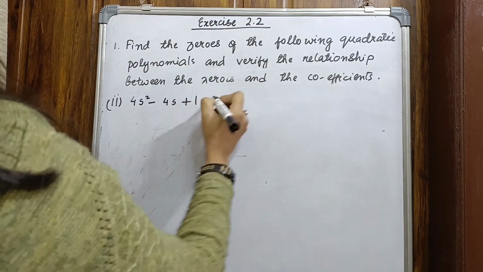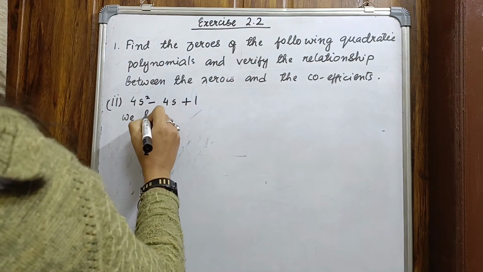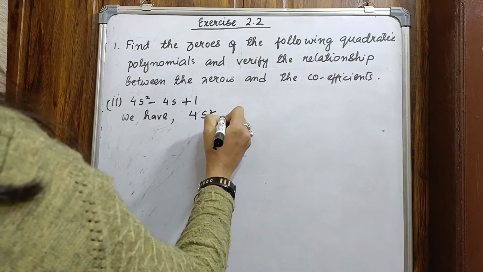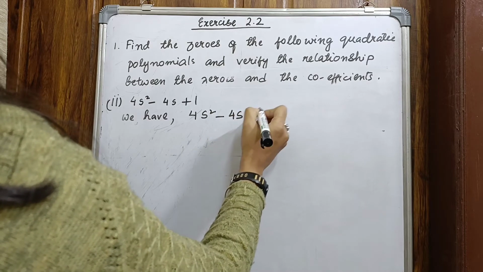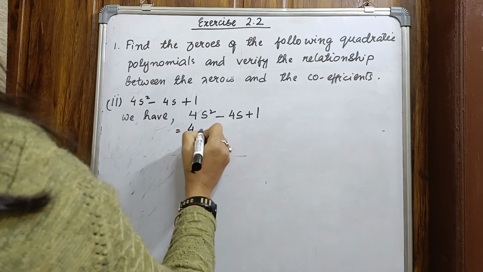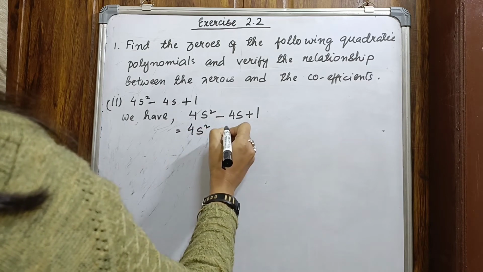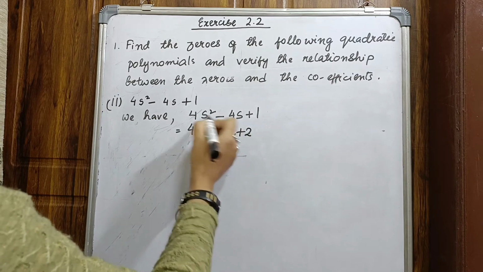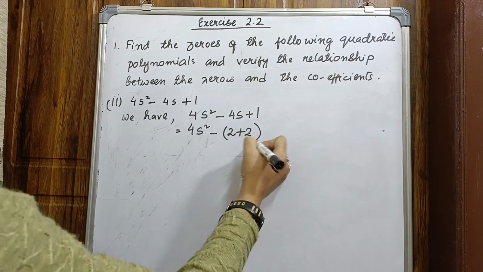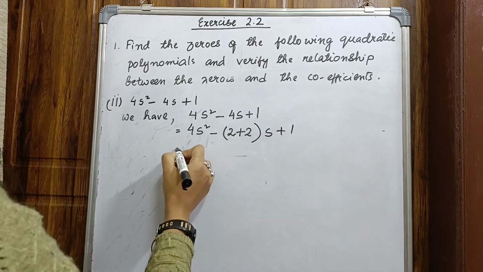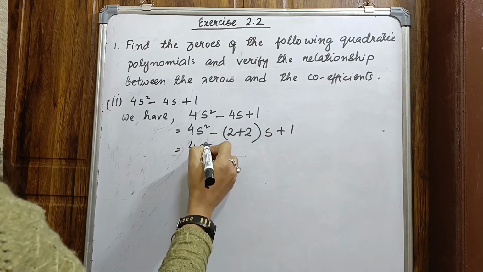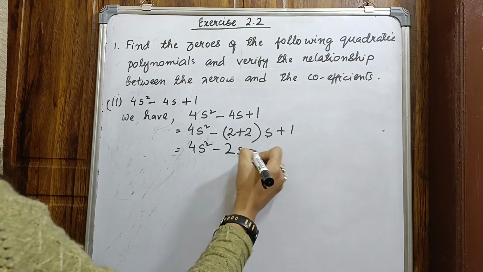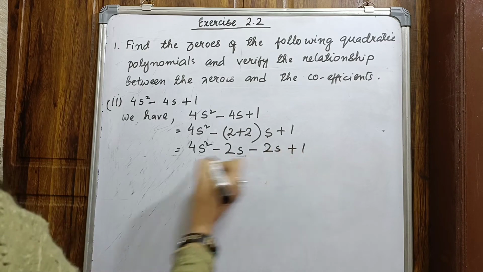We will break the middle term and write it as 2 plus 2, since 2 twos are 4 and 2 plus 2 is 4. So 4s square minus 2s minus 2s plus 1.